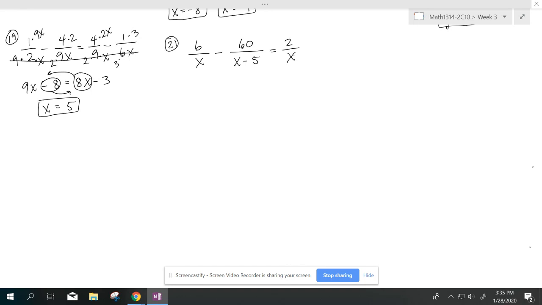So do you see this denominator is a binomial? This one is a monomial, right? One term, two terms. These are completely different. So this first denominator needs all of this denominator. The first denominator needs an x minus 5. He needs it all.